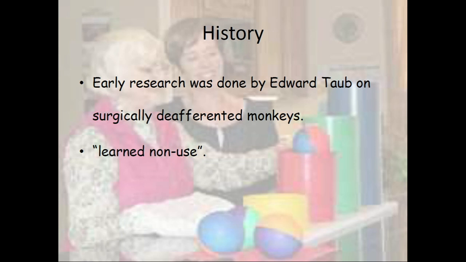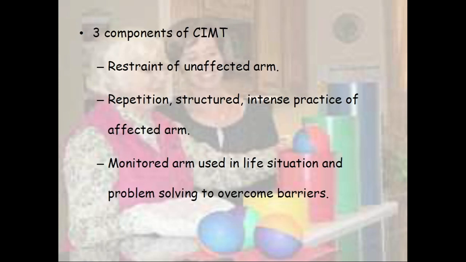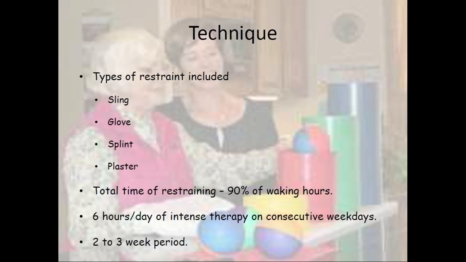It was known as the learned non-use theory. Then the three components of CMT are applied: restraint of the unaffected arm, repetitive, structured, intense practice of the affected arm, and monitoring the use of the arm in live situations, along with problem solving to overcome barriers. These are the main three components of the CMT program.